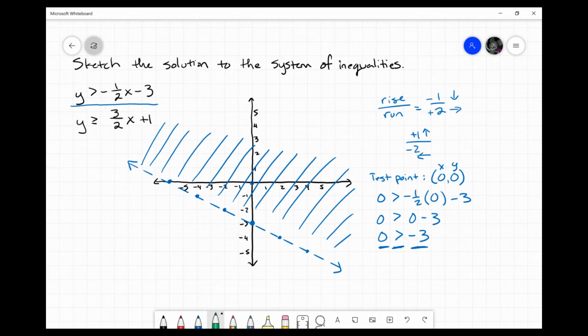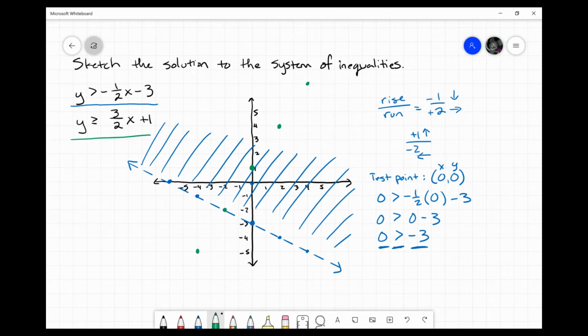I need to move on and graph the second inequality, which I see we're going to start at a +1. And then we have a slope of 3/2. It's a +3 and a +2. So I'm going to go up 1, 2, 3, and over right 2. Up 1, 2, 3, and over 2. I could also go down 3 and back 2.